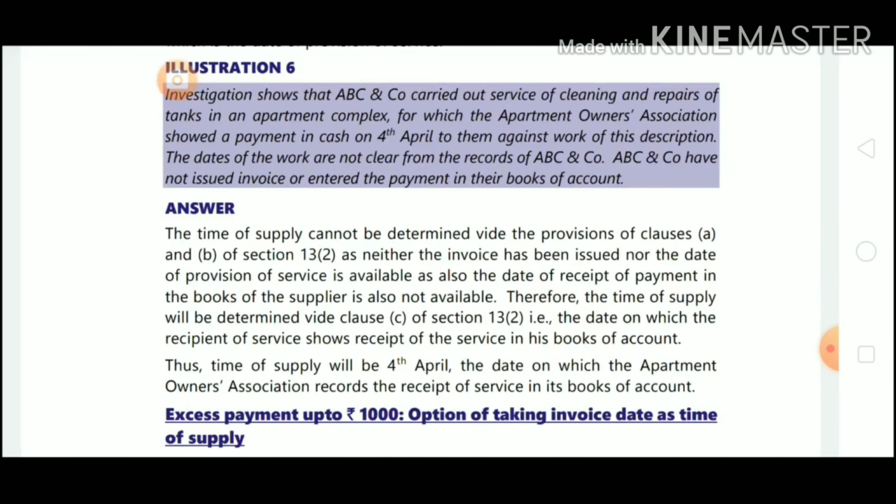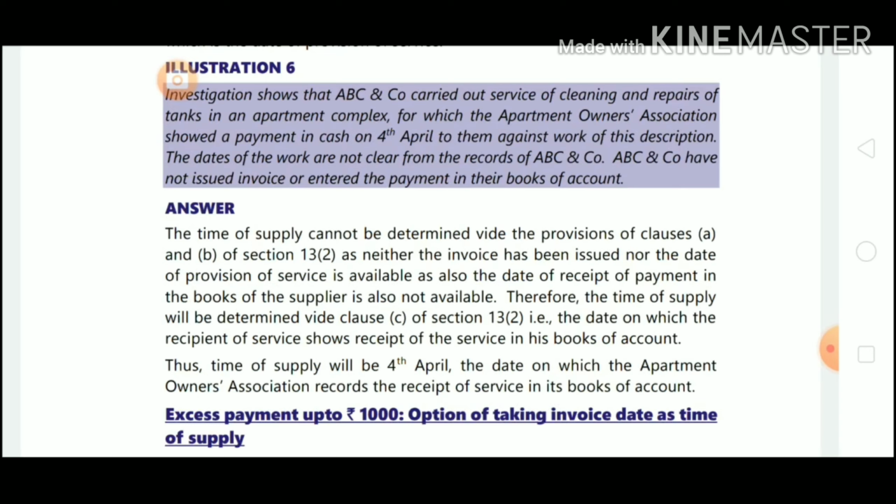The time of supply cannot be determined by the provisions of clause A and B of section 13 subsection 2, as neither the invoice has been issued nor the date of provision of service is available, as also the date of receipt of payment in the books of supplier is also not available. Therefore, the time of supply will be determined by clause C of section 13 subsection 2, that is the date on which the recipient of service shows receipt of service in his books of account.